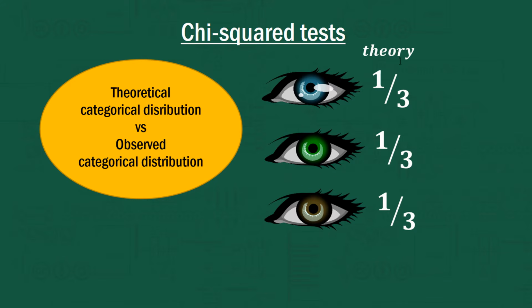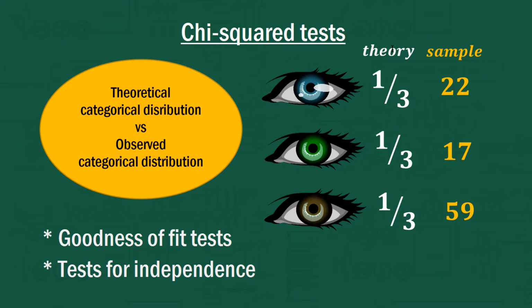Now, that's a theoretical categorical distribution. Of course, you could get some kind of sample, which you could use then to test whether the theory is up to scratch. And to do that, you would use a chi-squared test. In this particular example, you'd be using a goodness of fit test. Of course, we're testing how good the fit is of the theory to the actuality.